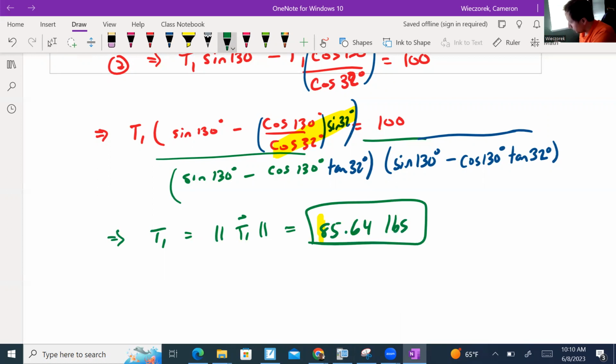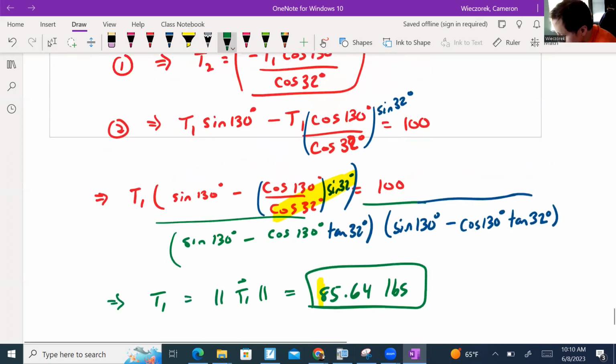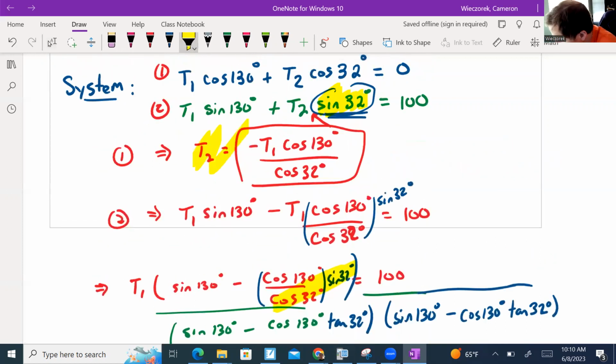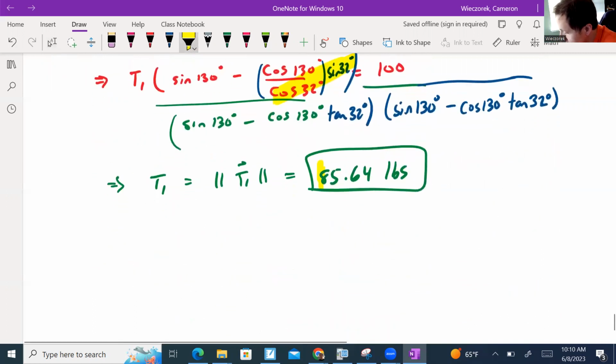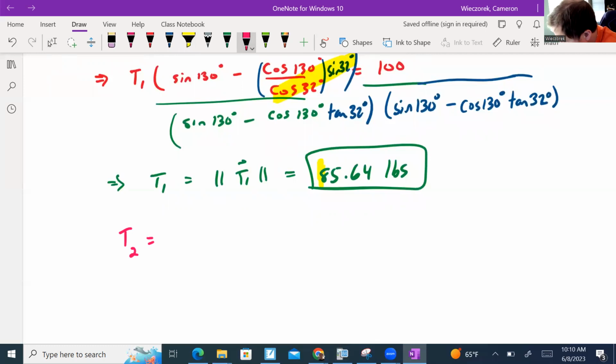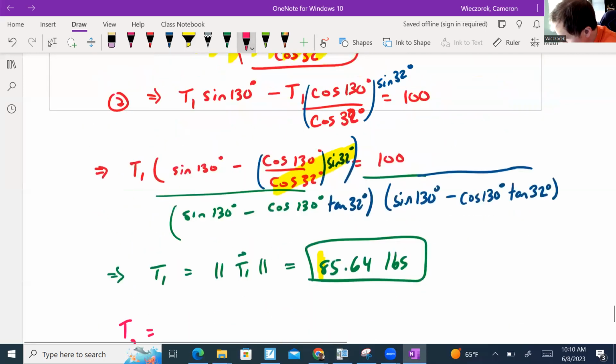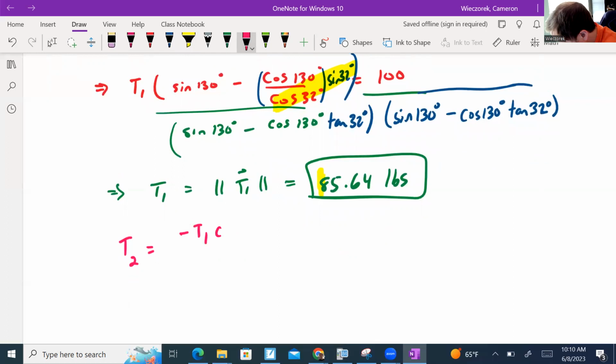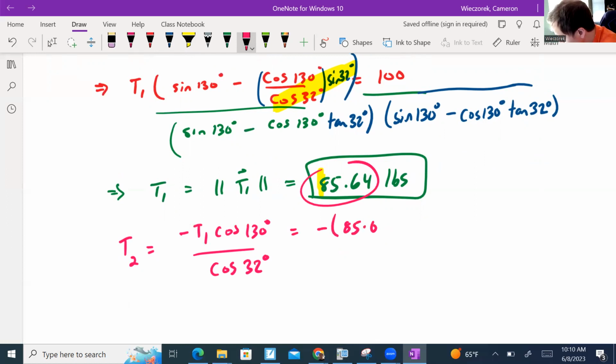They also asked us for the magnitude of T2. We have an expression for T2. If you remember, T2 was equal to negative T1 cosine 130 over cos 32. So I'm going to rewrite that. Well, now we know T1, 85.64. I'm going to use the whole decimal, though, times cosine of 130 over the cosine of 32.